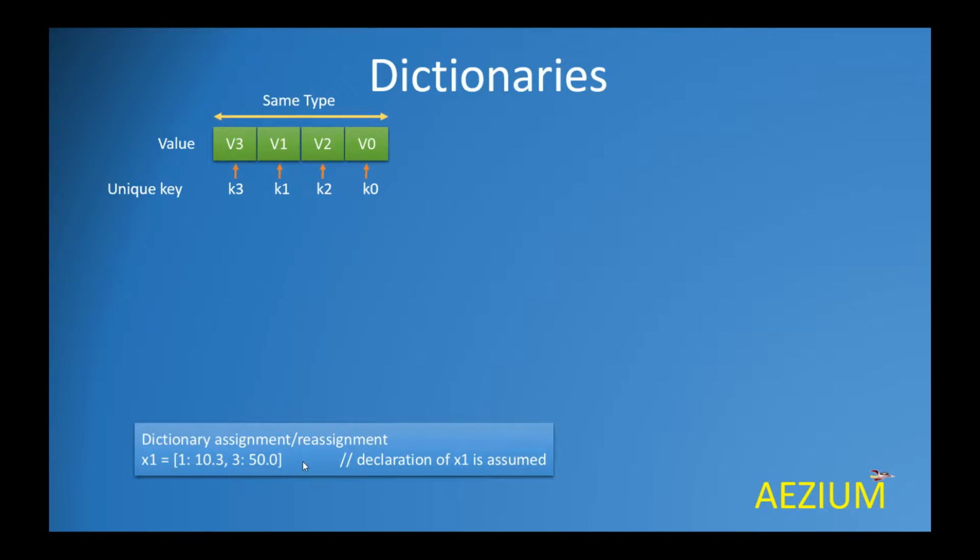After the declaration is completed, we could assign or reassign dictionaries to a variable or constant. Here I'm showing the case of assigning or reassigning this dictionary literal to x1.